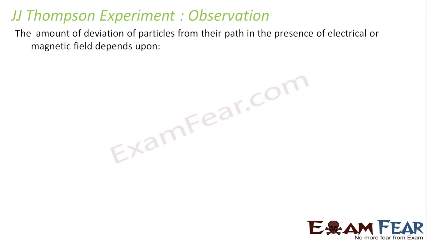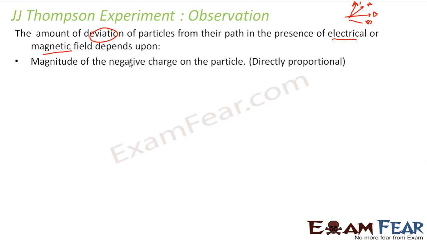The observation was the amount of deviation. For example, instead of B it can go to A and C, or A dash. This amount of deviation of the particle in a magnetic field or electric field depends on the magnitude of the negative charge.